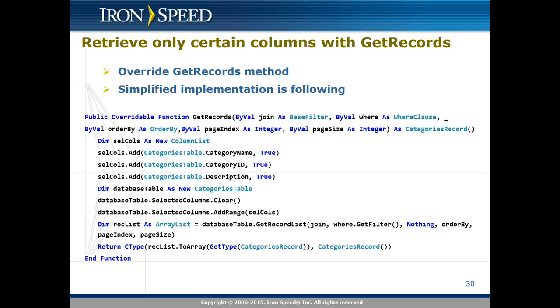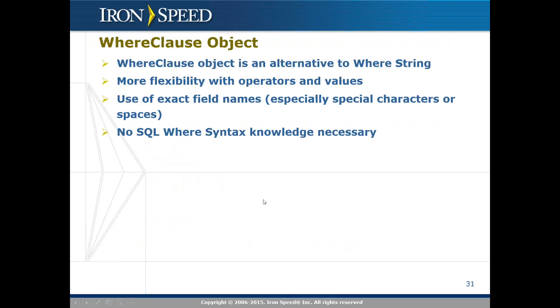It's actually not that complex, but it's definitely something that you want to be aware of. It's actually a good little thing. You can do a lot of interesting stuff using the selected columns and the column list array objects. So that's pretty cool when you get time.